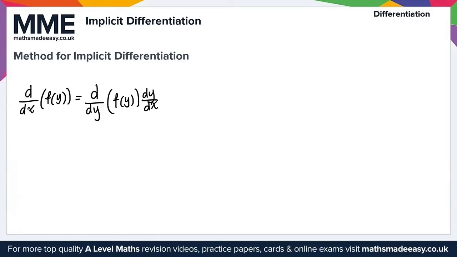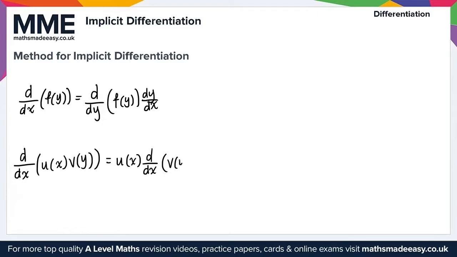And this is just the same as differentiating f of y normally and then multiplying by dy by dx. And for step 3, we use the product rule for terms that are in both x and y. So if we have d by dx of u of x v of y, then in that case this would be equal to u of x times d by dx of v of y plus v of y times d by dx of u of x.